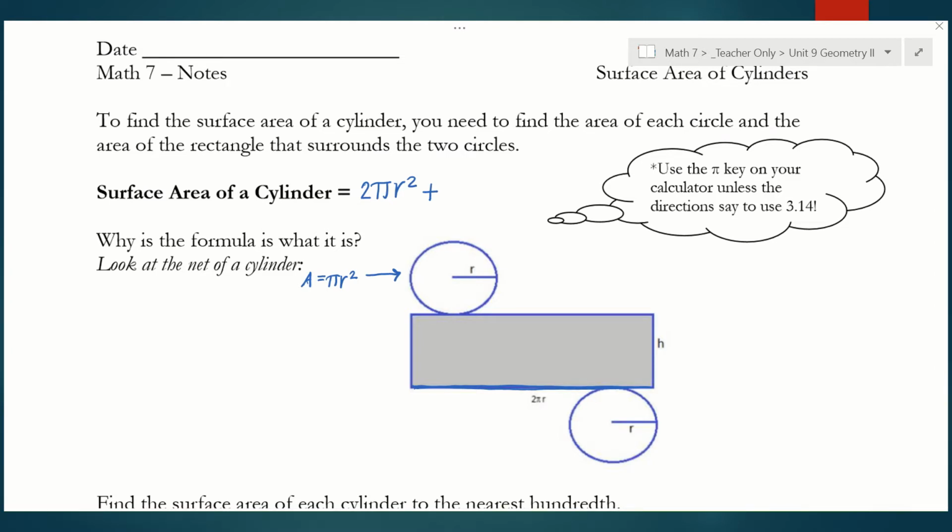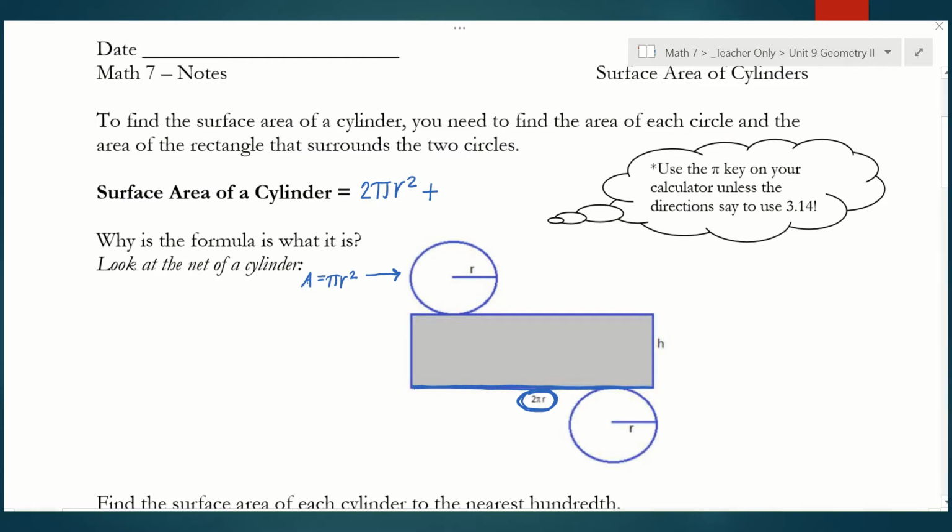Picture that for a minute. If you take that wrapper and wrap it around the can, its length is the same as the distance around the circle. The distance around a circle is its circumference, which we've learned is 2 pi r. That's why this side right here is labeled 2 pi r. That's the length of your rectangle.